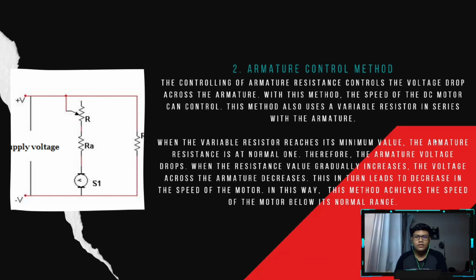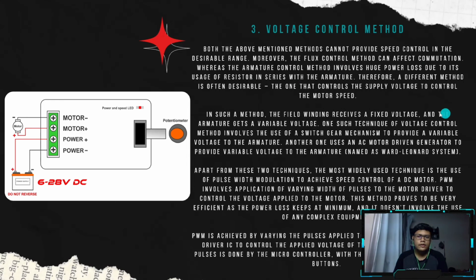Second is the armature control method. Controlling the armature resistance controls the voltage drop across the armature. With this method, the speed of the DC motor can be controlled. This method also uses a variable resistor in series with the armature. And third, the voltage control method.